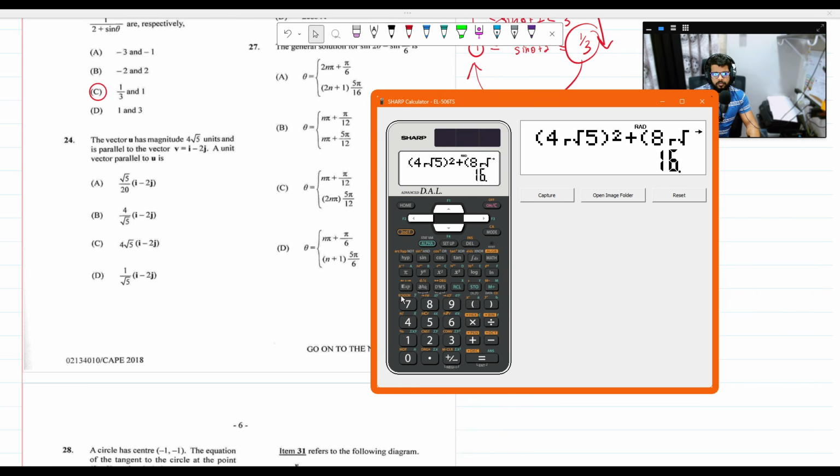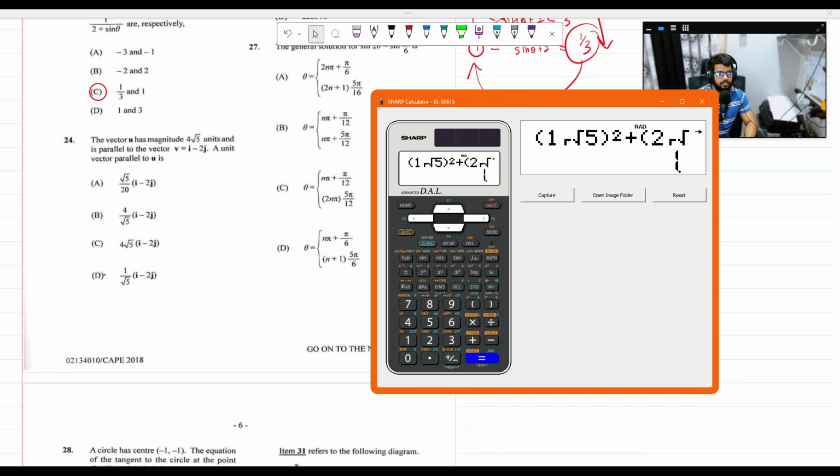What about 1 over root 5 plus 2 over root 5, squared? Check that and see. 1 over root 5 squared plus 2 over root 5 squared. This one gives me 1.